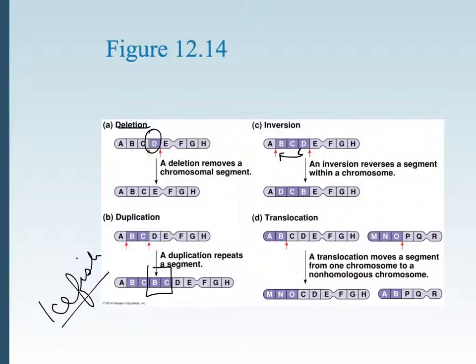And then translocation is when 2 parts of chromosomes swap spots. It's kind of like a crossover event, but it's a mistake because the crossover event is supposed to happen between 2 homologous chromosomes, and this is happening on 2 non-homologous chromosomes, so that's not good either. But those are the 4 major changes we can have in a chromosome that can cause problems.